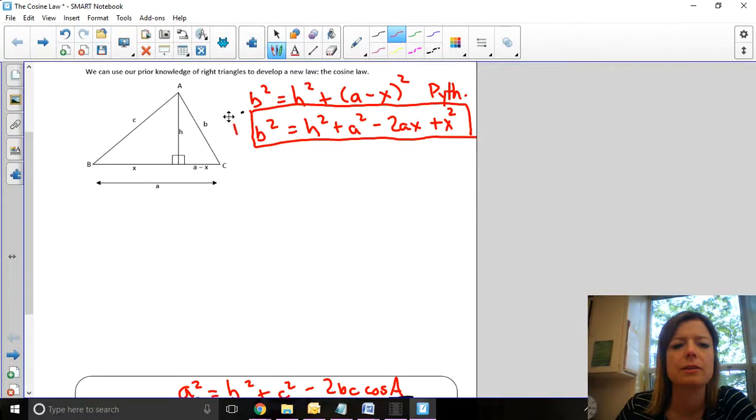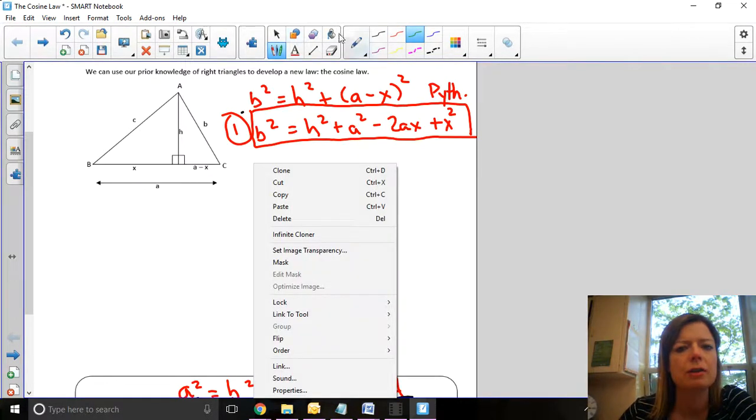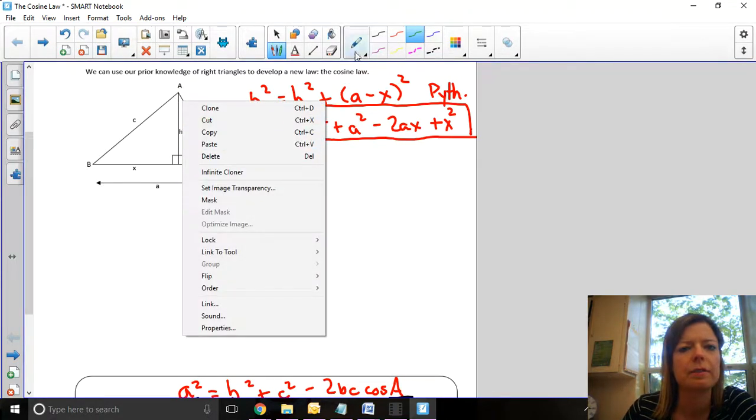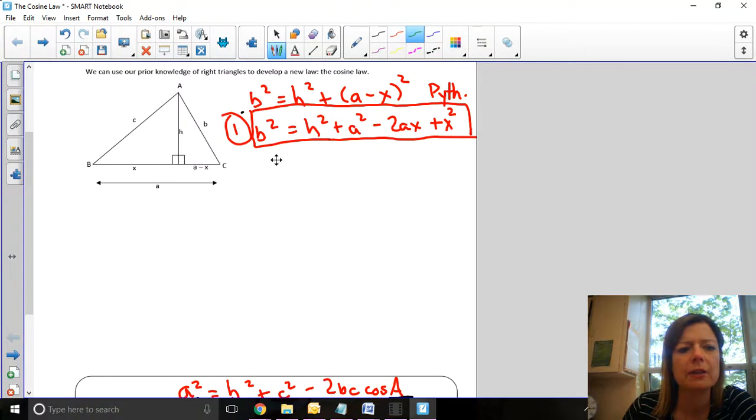Okay, so that is equation number 1. Now we're going to come up with equation number 2. Equation number 2 uses SOHCAHTOA in this bigger right triangle, this one from A to B. We know that the cos of B is equal to adjacent, so that's x, divided by hypotenuse, so that's c.